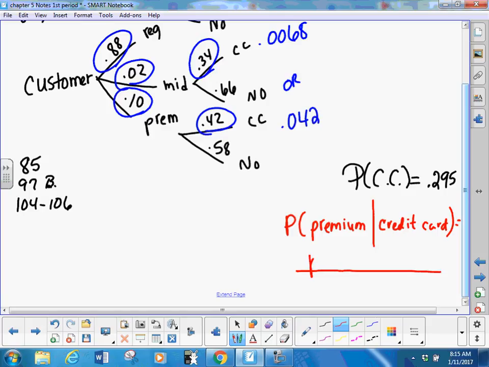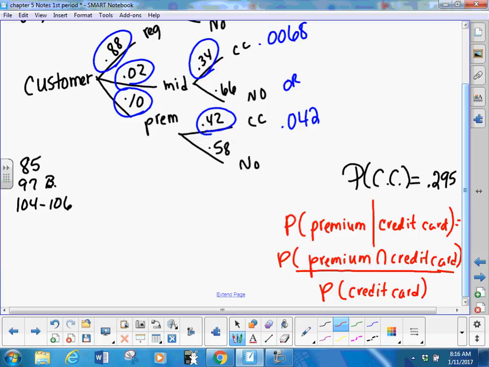You're going to take the and of both and put it over the probability of the given that. That's how that's going to work every time.